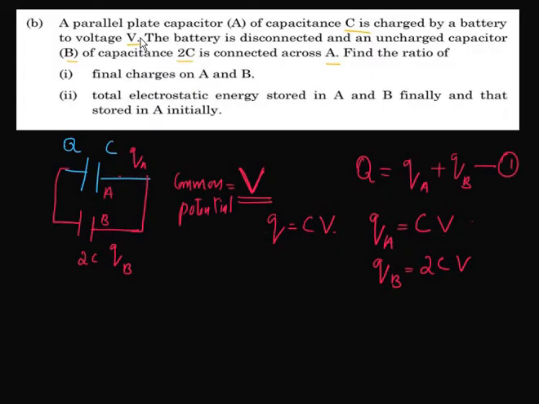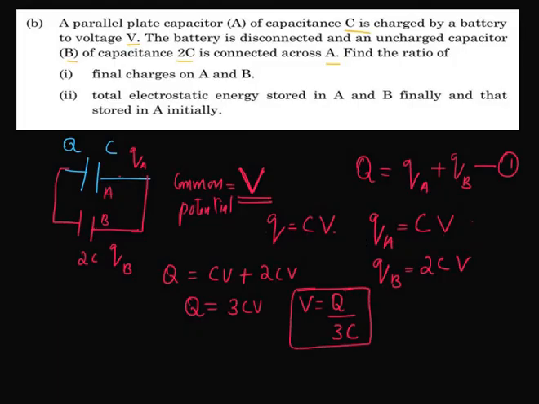Q is equal to QA, which is CV, plus QB, which is 2CV. Once you substitute this, you will get 3CV is equal to Q. So from this we can write V is equal to Q divided by 3C.